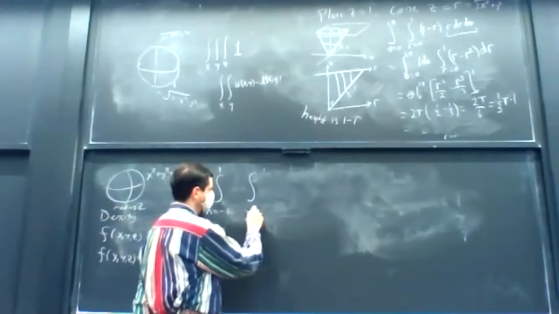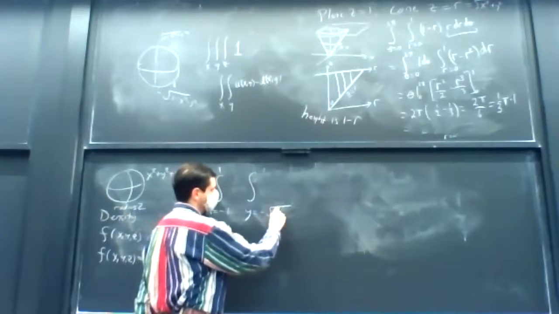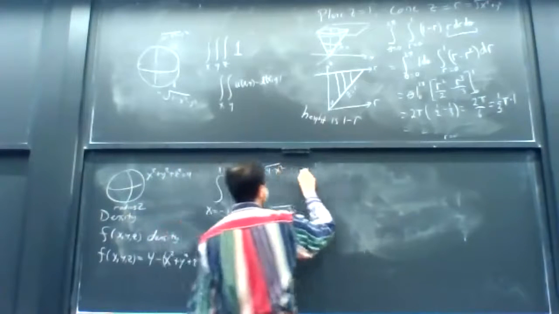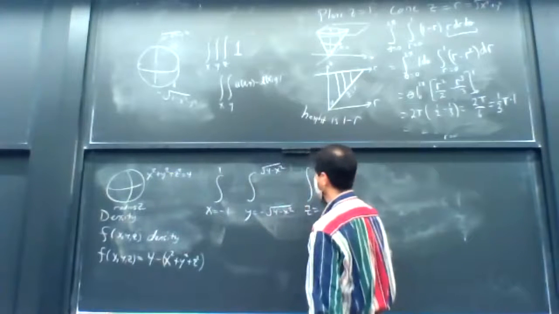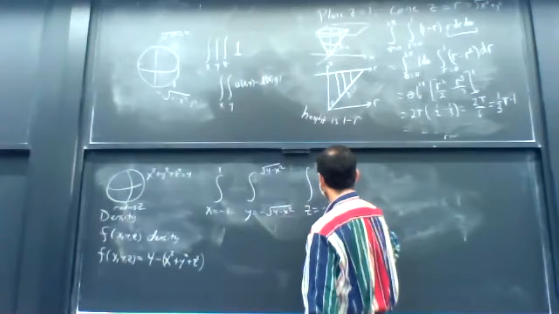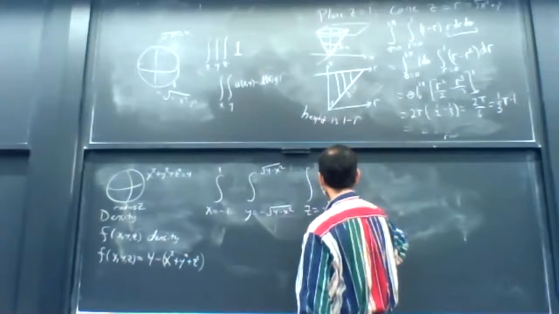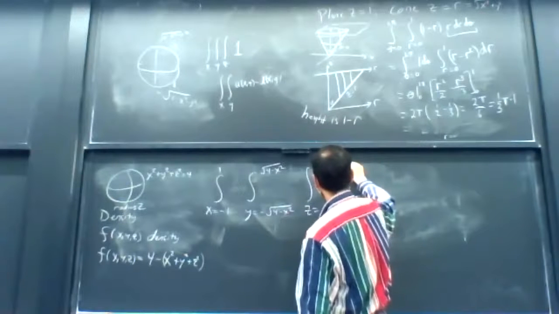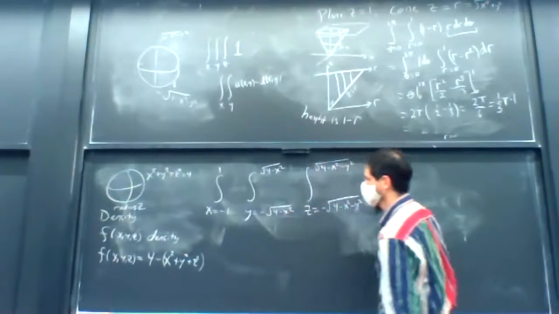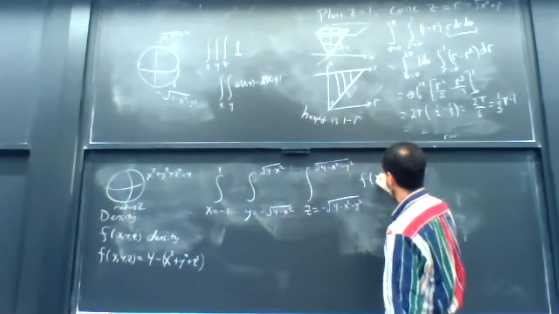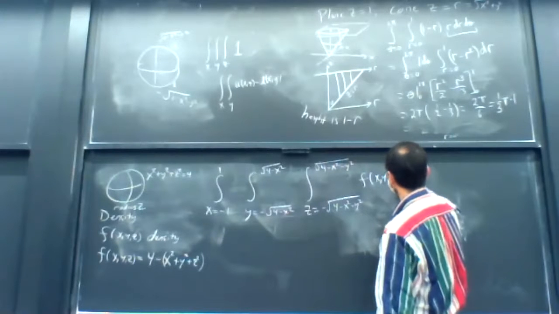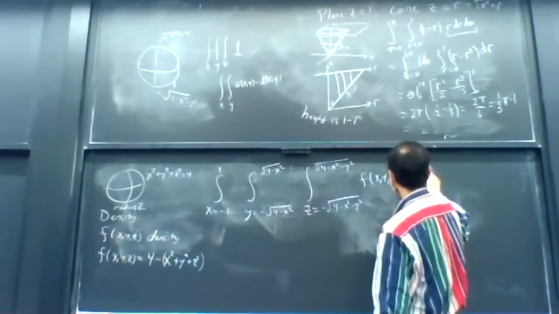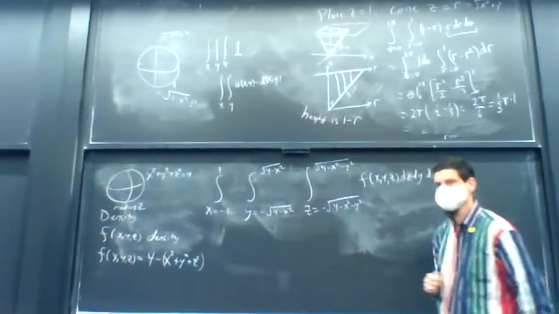So y goes from minus the square root of 4 minus x squared to the square root of 4 minus x squared. And then z goes from negative square root of 4 minus x squared minus y squared to square root of 4 minus x squared minus y squared. F of x, y, z dz, dy, dx. Yes?